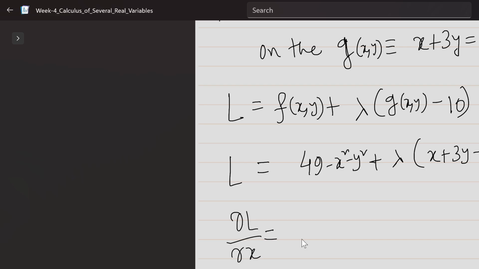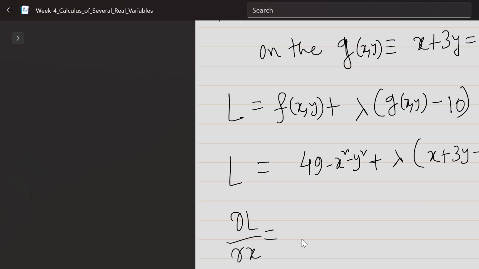So find del L del x equal to 0 and del L del y equal to 0. So you get x equal to lambda by 2 and y also equal to lambda by 2.